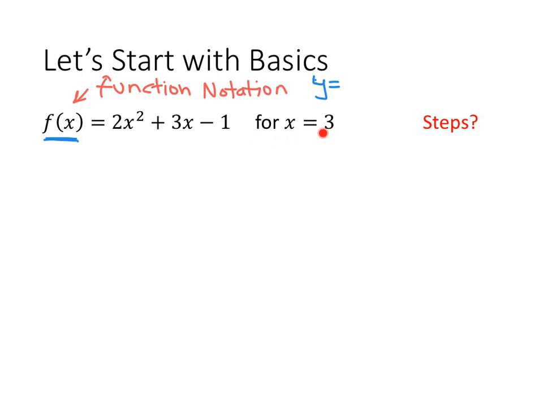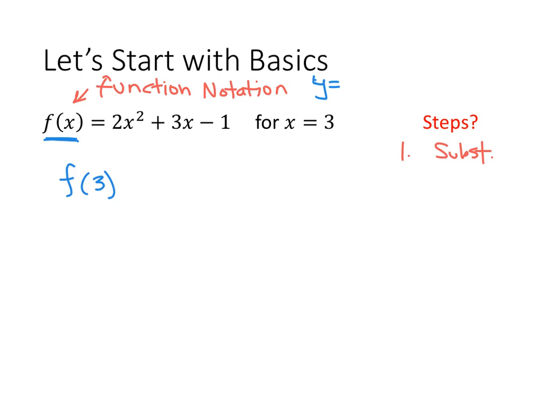And if I tell you for x equals 3, I want to know the value of this function, the first thing that we would always do is substitute. So we would substitute x equals 3, taking 3 and substituting it anywhere we see x. But if we're going to write this with function notation, we always want to write f of 3.